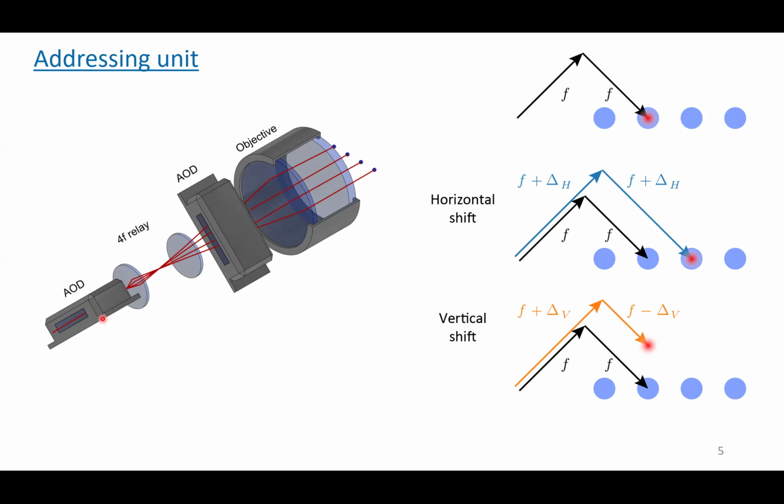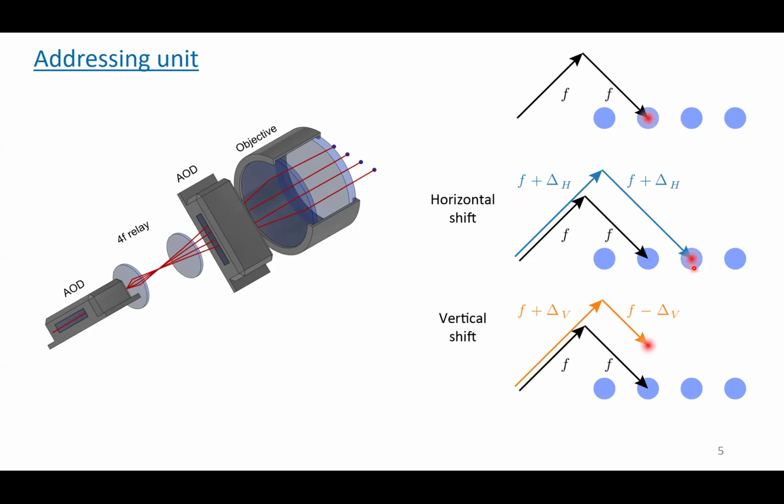The idea is that we have them crossed at 90 degrees like this, and if you supply the same frequency to both of them, they move your spot somewhere here. While if you change both frequencies by the same value, they steer it along the line, and you can address a second ion in a linear trap. One of the deflectors is working in the first diffraction mode, and the second one in the minus first mode.